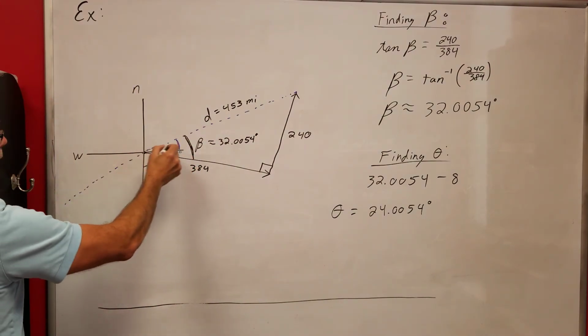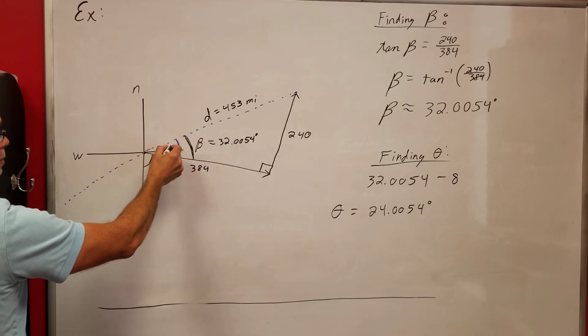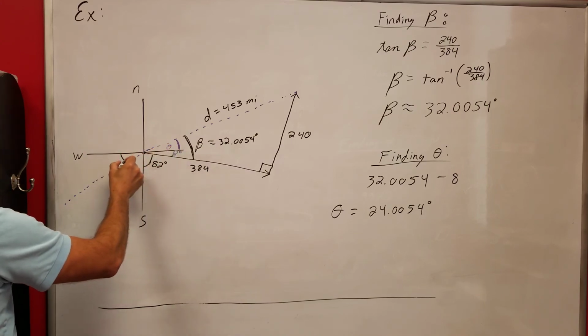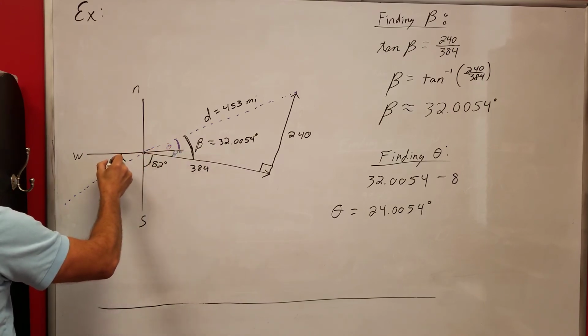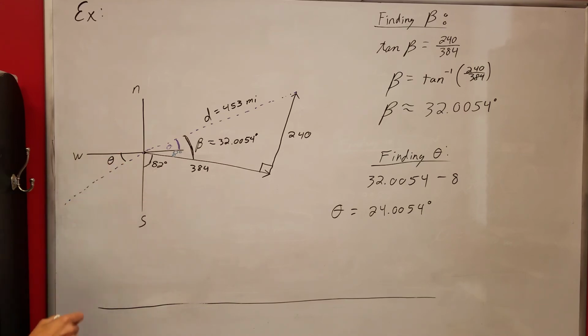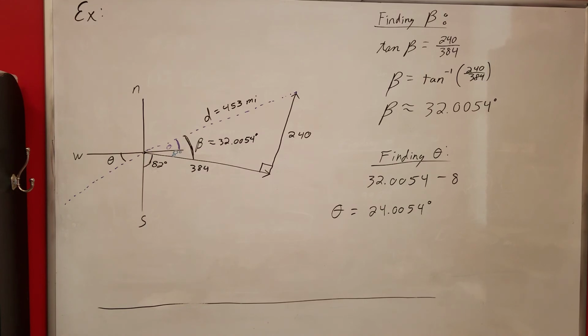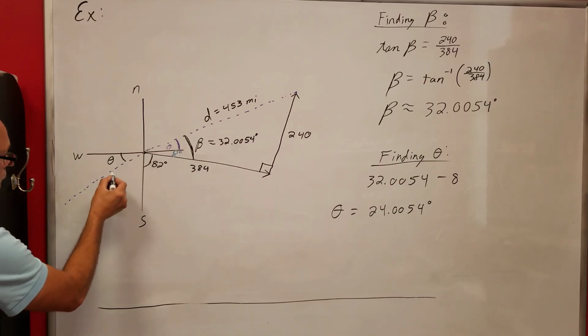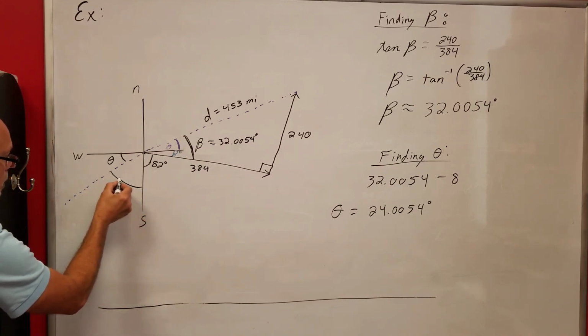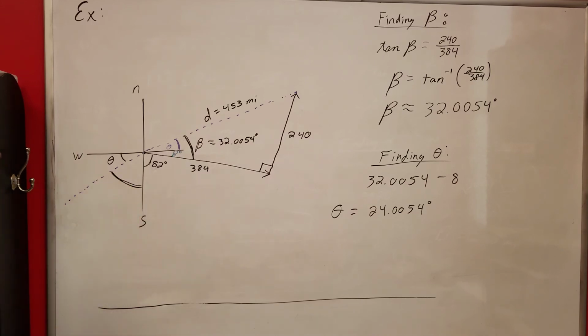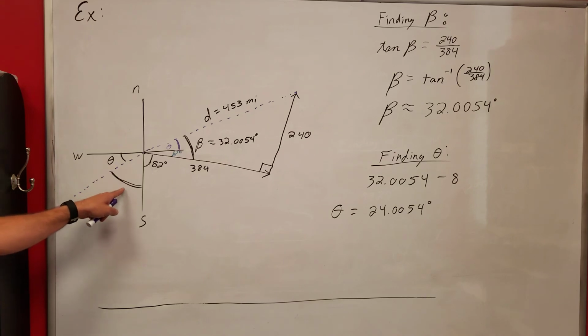I'm not going to write it yet, it's too crushed up right now. But isn't this angle right here also the same measurement as angle theta? Because those two are vertical angles. Then how do I go about finding this angle? That angle will be the complement of theta, right?